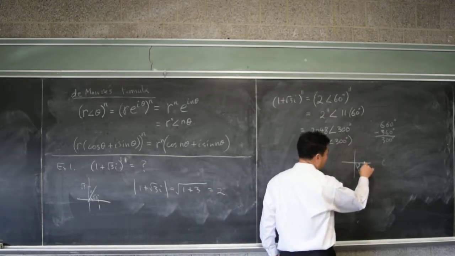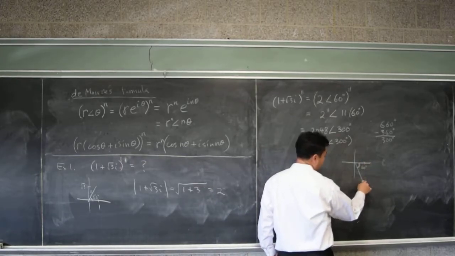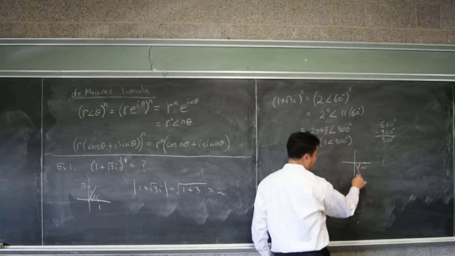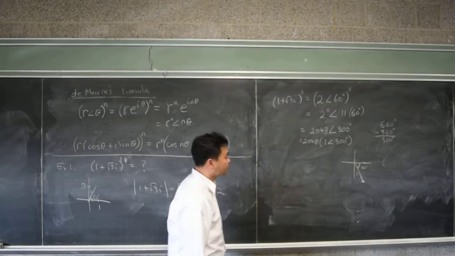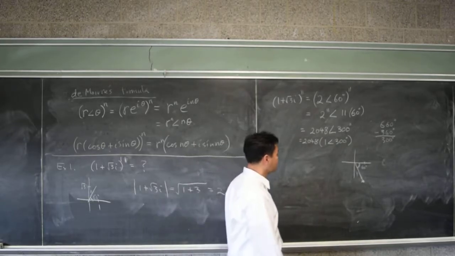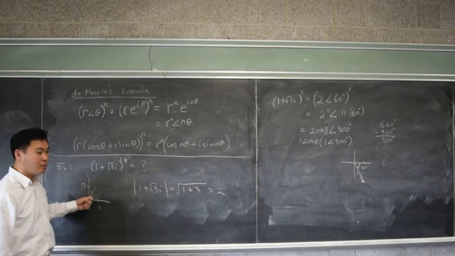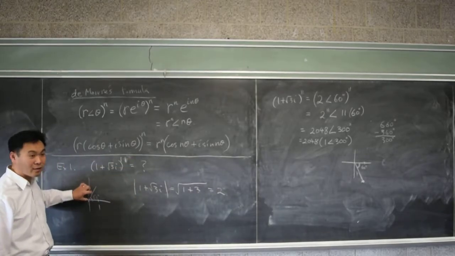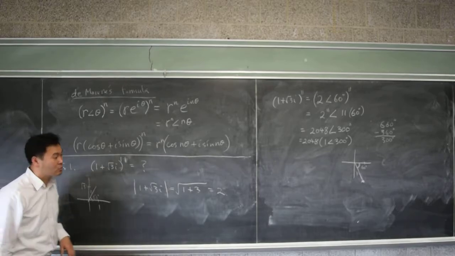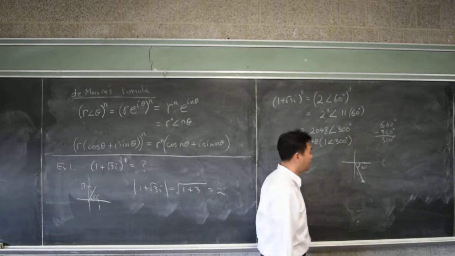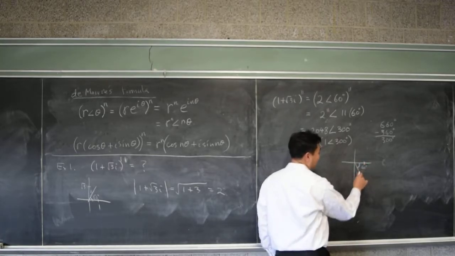So now think about what this value is if this length is 1. It's almost like this one. This is length 2, but that has 1, so you have to take half of it. So what would you get? First, what's this length?